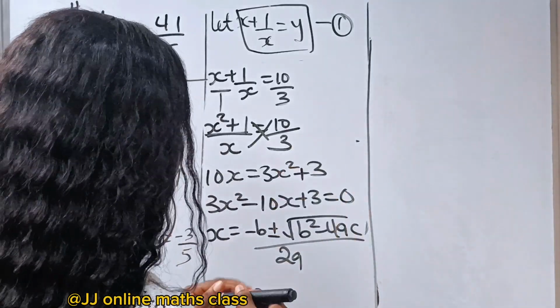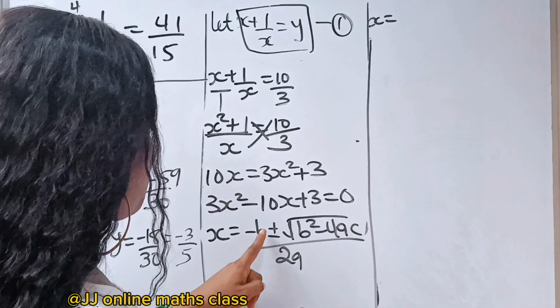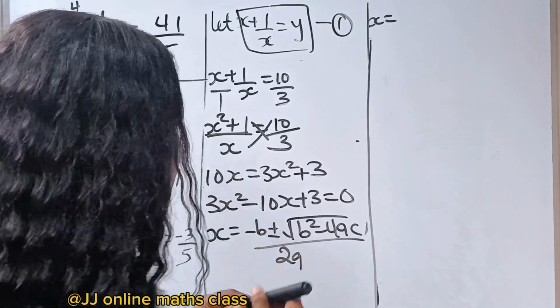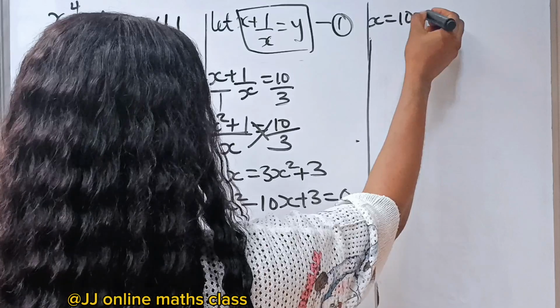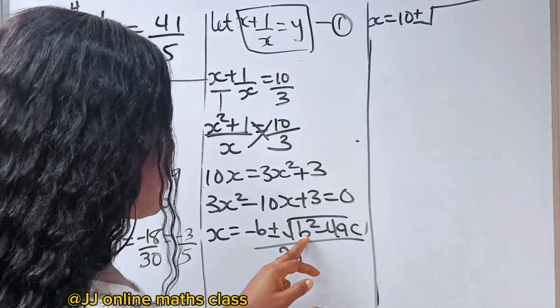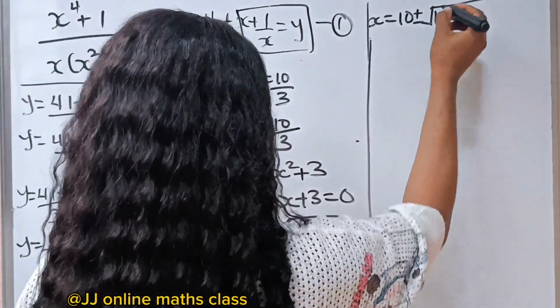So we are going to have that our x is equal to minus b. Our b is minus 10, so minus minus becomes plus, so we have only 10 here. So it's going to be 10 plus or minus square root of, now minus 10 squared, since our b is minus 10, minus 10 squared is 100, right? We have 100.